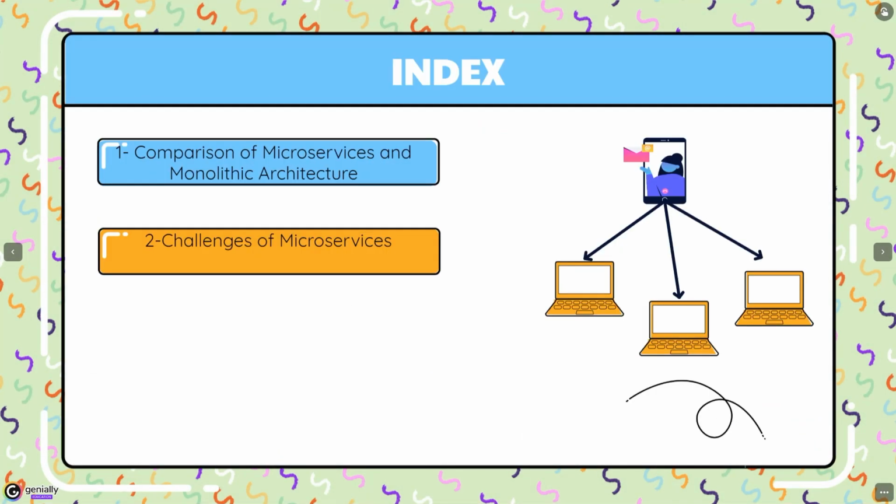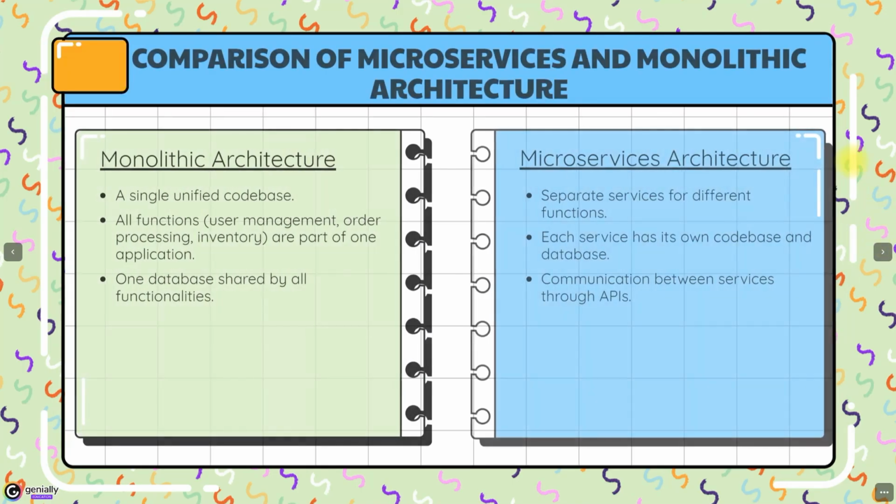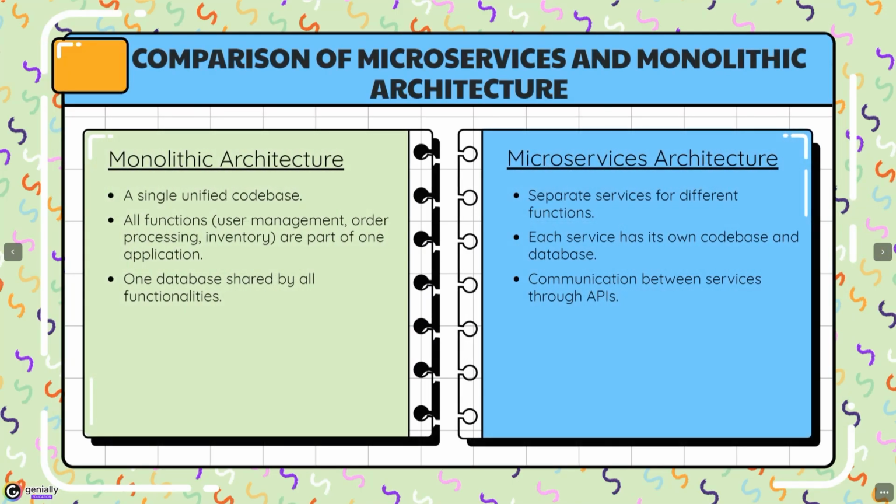In this video, we are going to learn comparison of microservices and monolithic architecture and also some challenges of microservices. If we compare monolithic architecture and microservices, monolithic architecture has a single unified code base.